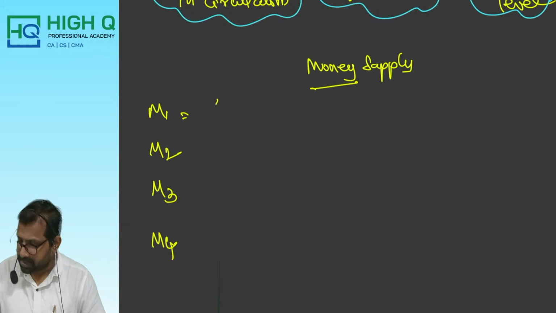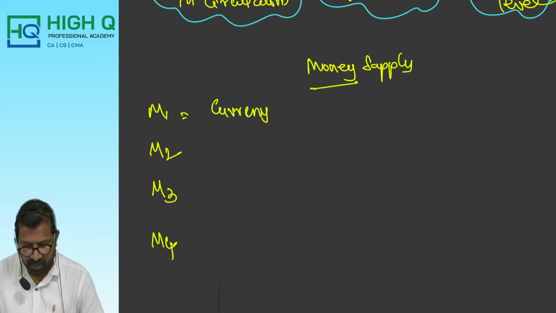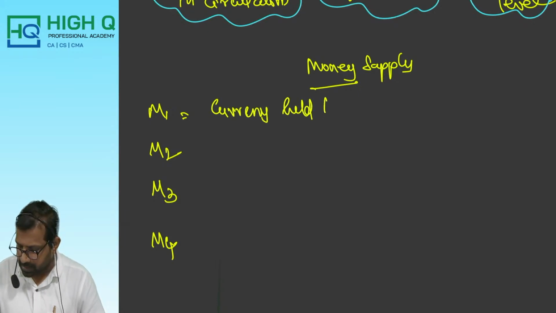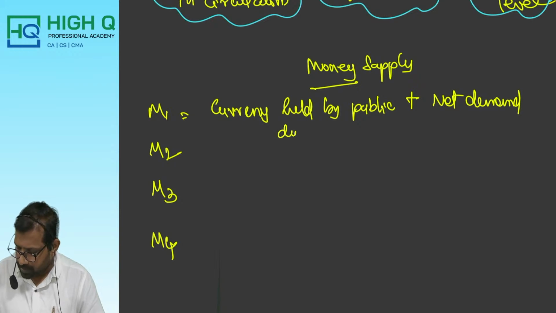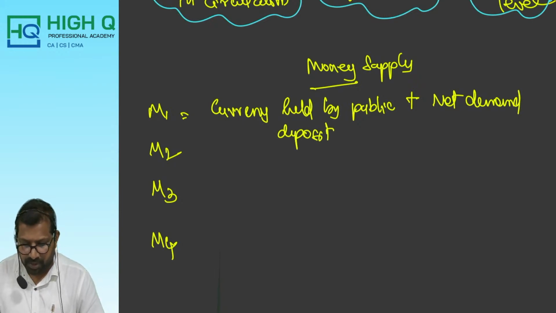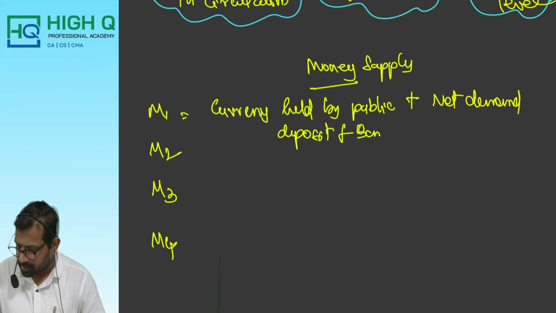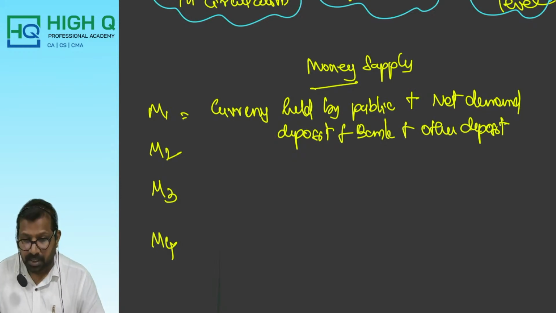M1 represents currency held by the public plus net demand deposits plus banks plus other deposits with RBI.